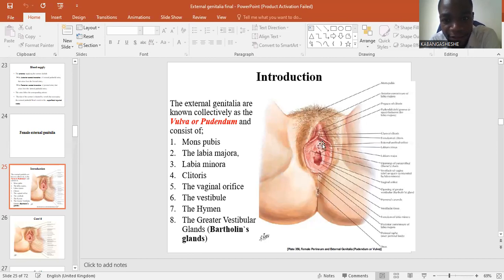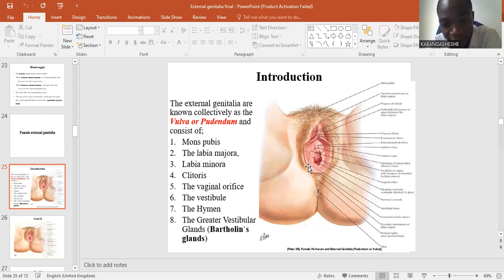Okay. Then between the two labia majora, that is labia majora, left and right, we find the labia minora. So the space between the two labia majora, we call it the vestibule. I was saying the whole female external genitalia, we call it pudendum or vulva.